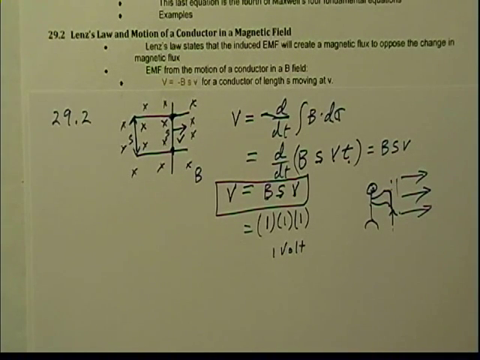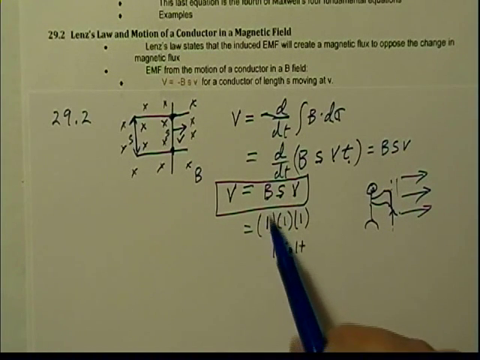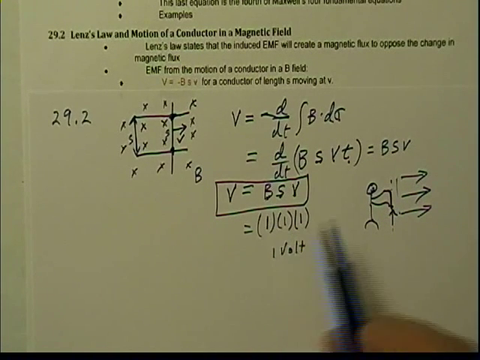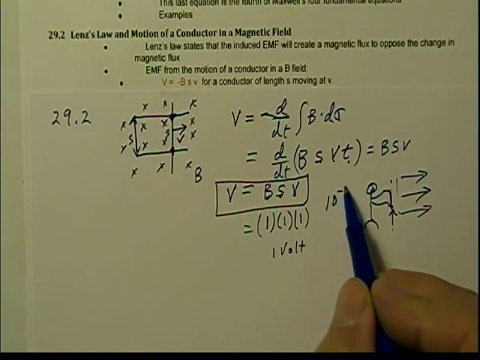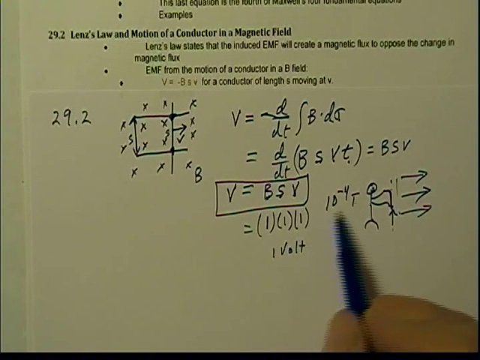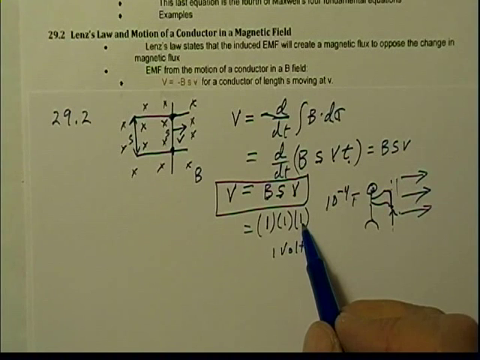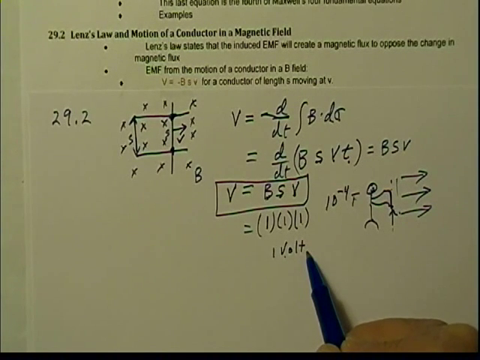Well, that's kind of amazing. Now, what would he need to electrocute himself? Well, it turns out that a Tesla is a very strong magnetic field, and you remember that the Earth's magnetic field is only about 10 to the minus 4th Teslas. So he would have to move it at a speed of 10 to the 4th meters per second to even get his 1 volt.